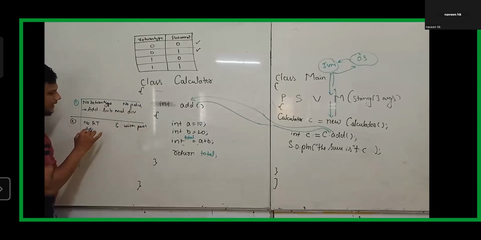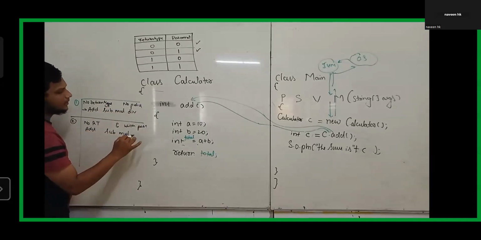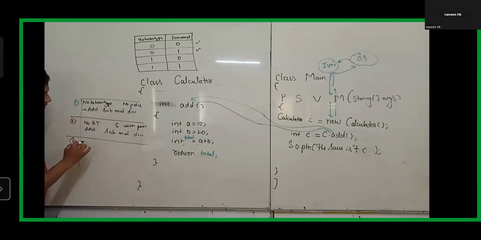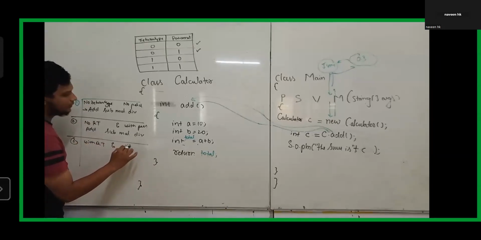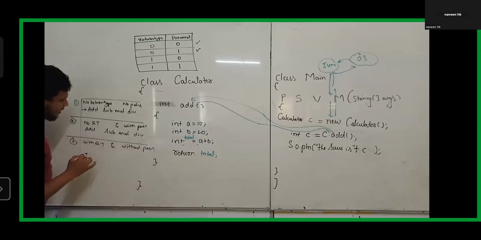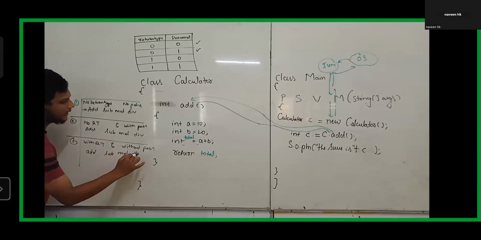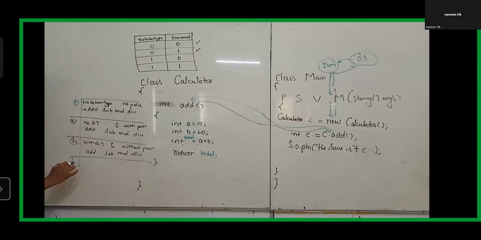Again, add, sub, mul, and div, all four operations should happen. Next is with return type and without parameter. Again, add, sub, multiplication and division. And try the fourth one, that is with return type and with parameter. Because you know how to create with return type and you know how to create with parameter, if you just merge these two programs, your last one will be created.